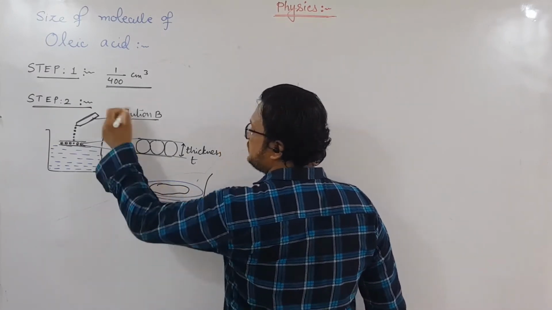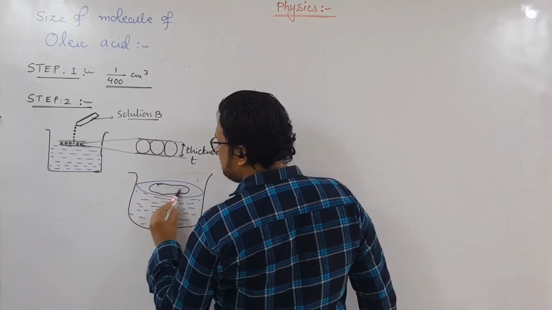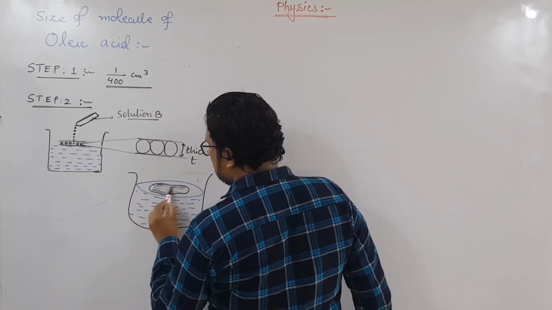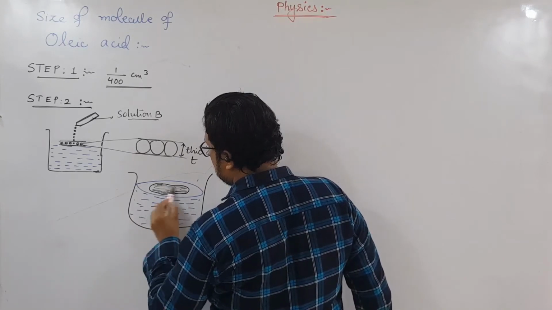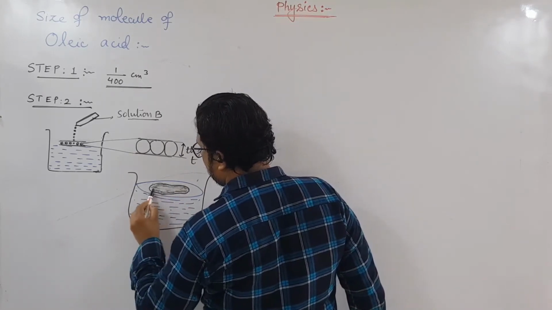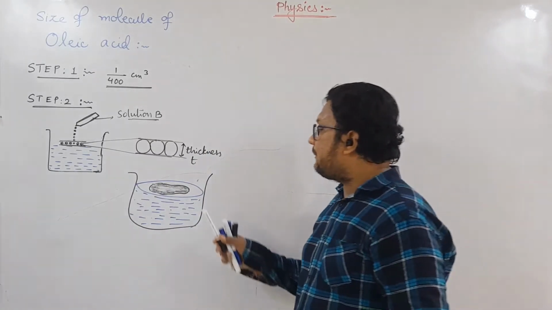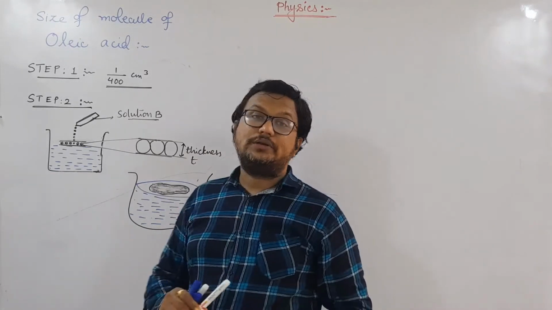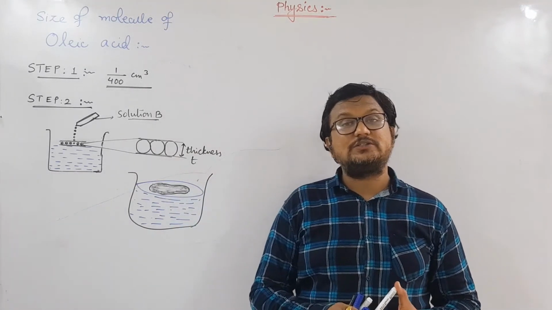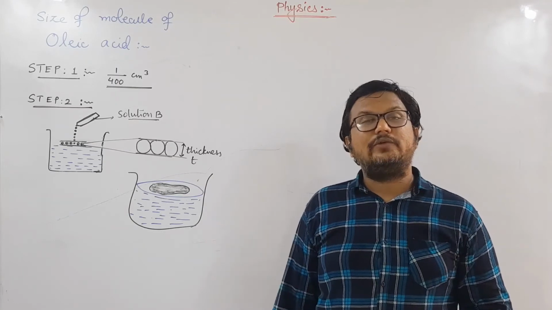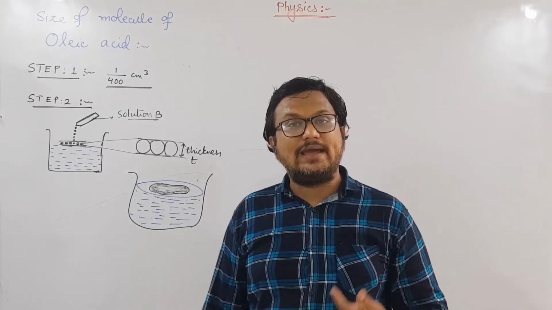You can say that solution B. We will get an irregular shape of solution B. Now, as we have discussed, as soon as this solution comes in contact with air, whatever amount of alcohol is present in this solution will get evaporated. We know that alcohol will evaporate very fast. Quickly it will get evaporated.